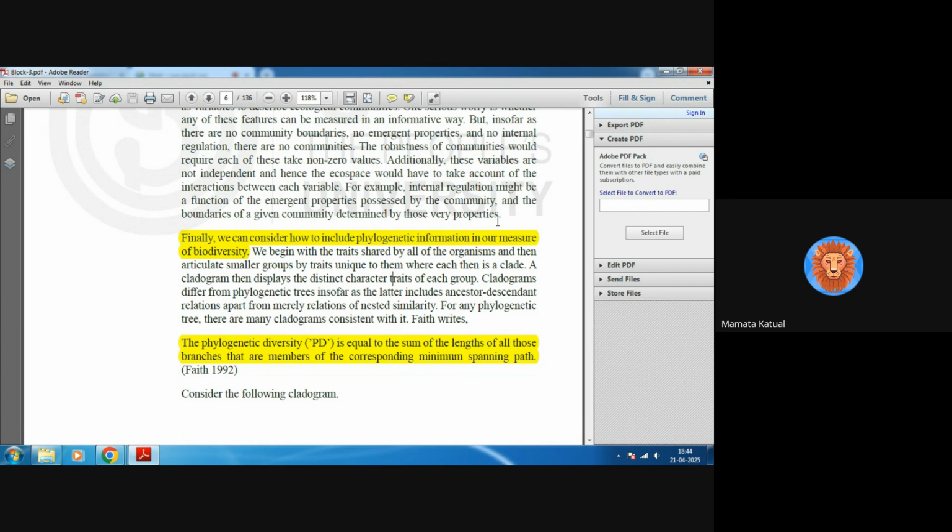A clade means a group of organisms that share some traits, and they form a clade.